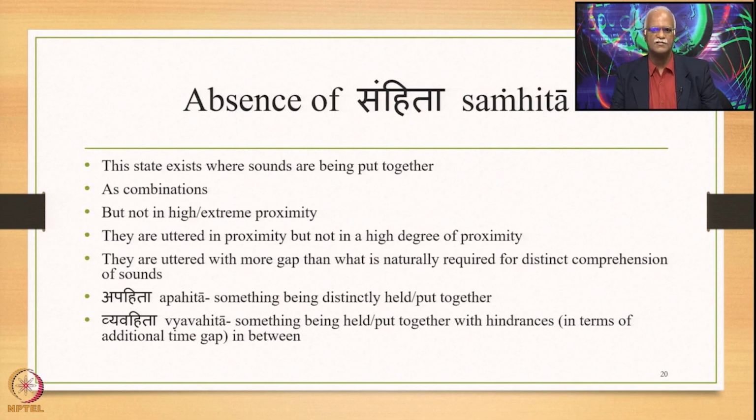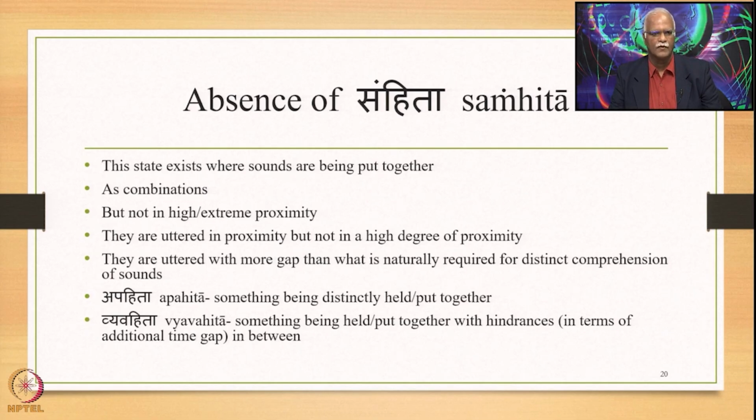What about absence of samhita? When sounds are being put together as combinations, there exists a state where there is no samhita. One may take more gap in between sounds.